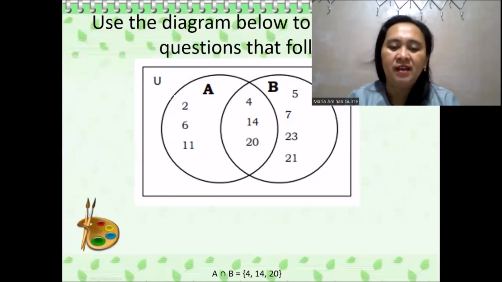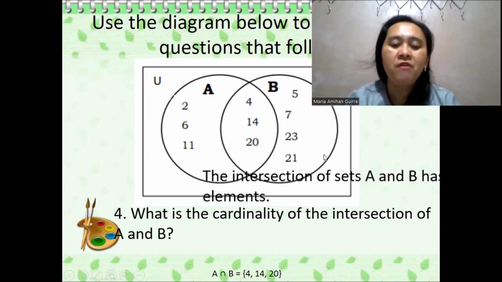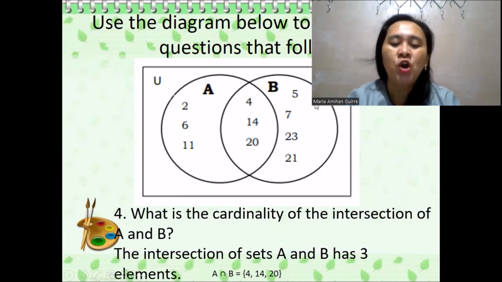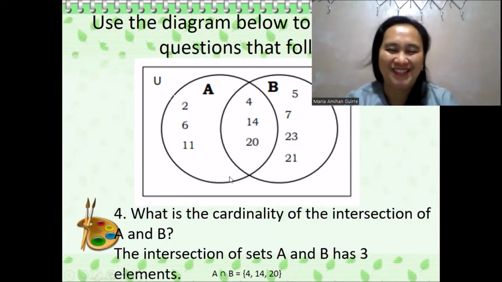Next. What is the cardinality of the intersection of set A and set B? Count the number of elements of the intersection of two sets. 1, 2, 3. So therefore, the intersection of sets A and B has 3 elements.